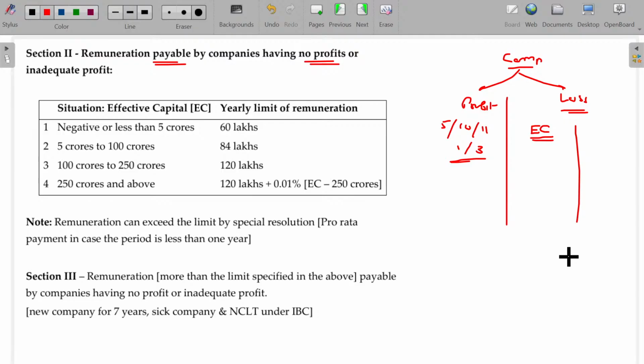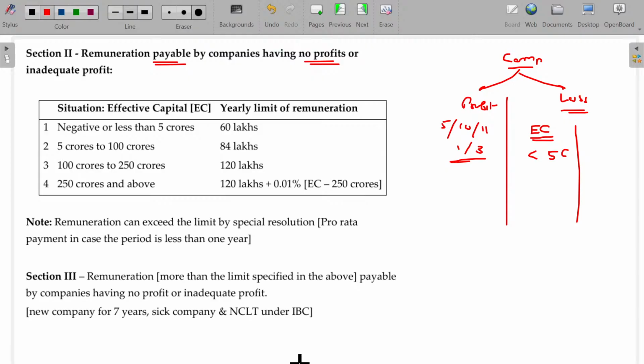If the effective capital of the company is less than 5 crores, even negative, we don't have the capital at all, everything is wiped off, huge losses accumulated. Equity share capital 10 lakhs, accumulated losses 20 lakhs. Then automatically the shareholders' funds is minus 10 lakhs.